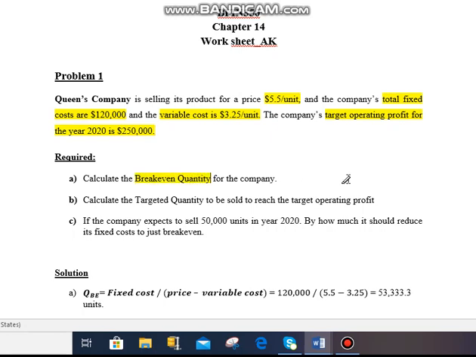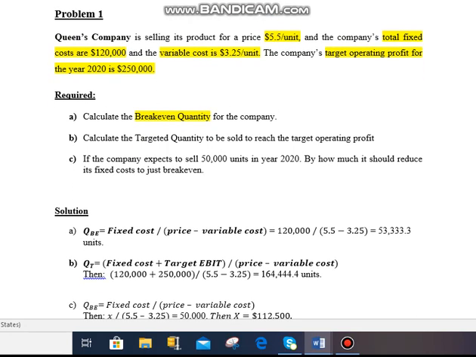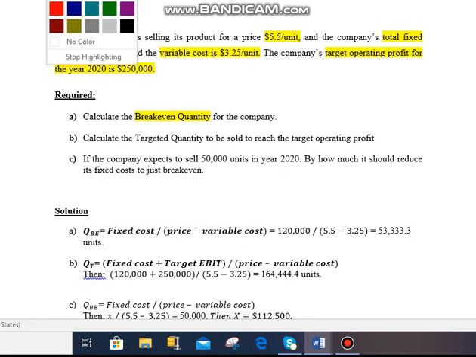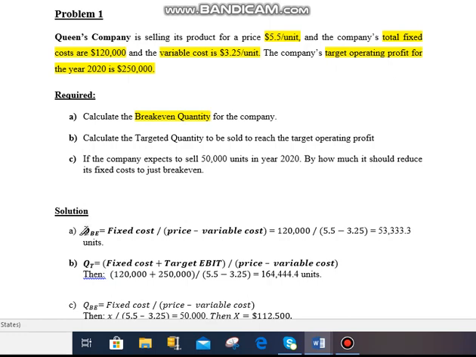In order to calculate the break-even quantity for the company, based on the solution, as we know, the formula states that the quantity of break-even is equal to fixed cost over the price per unit minus the variable cost per unit. So that's the formula for the break-even quantity.